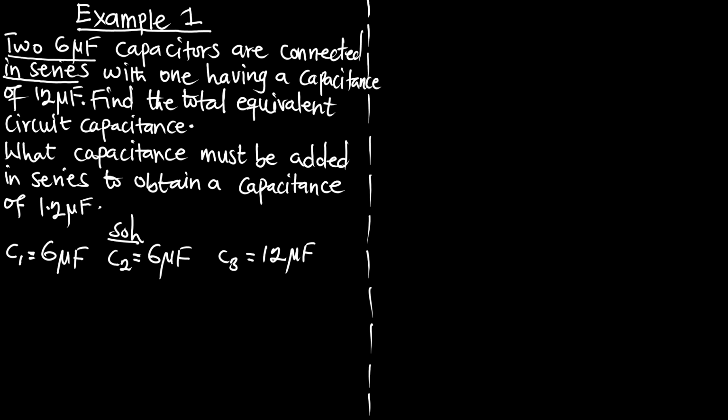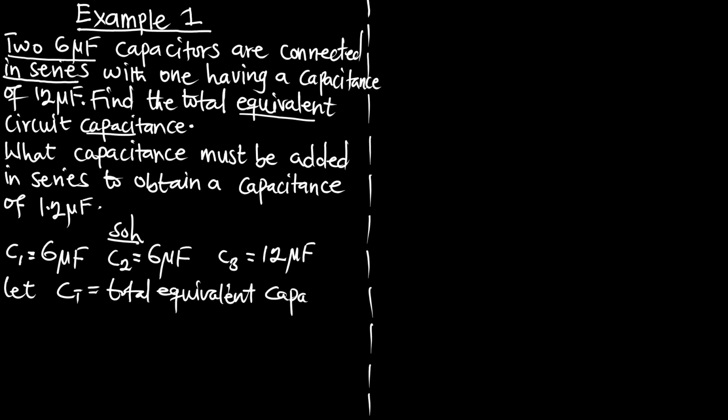So with these three capacitors, let's find the circuit total or equivalent capacitance. Let CT be the total equivalent capacitance.